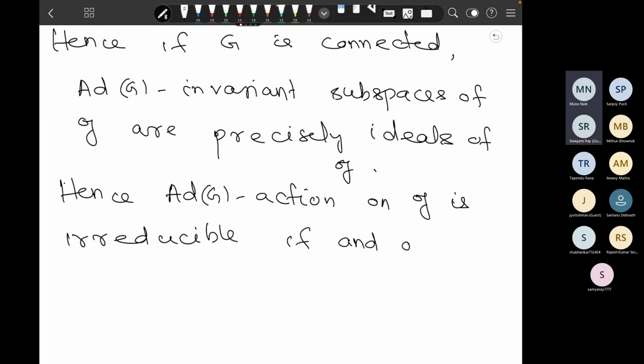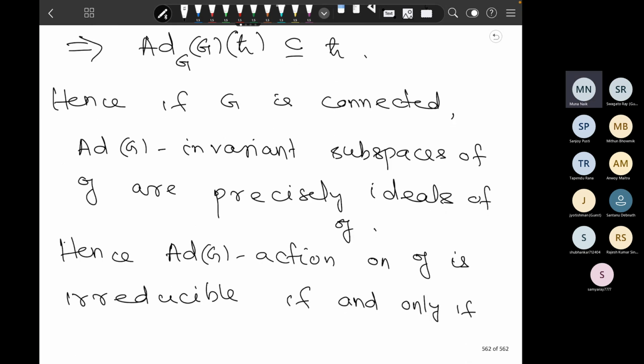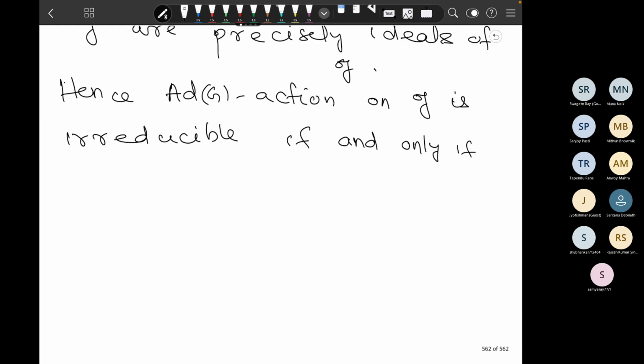Is there any simple assumption somewhere which I am missing? I am saying that if the Ad_G action on g is irreducible, this means that there will be no proper ideal of g.